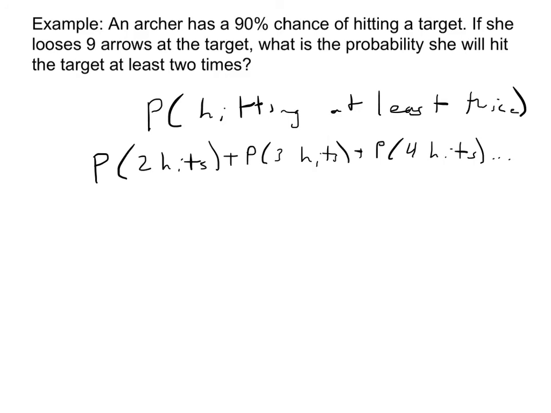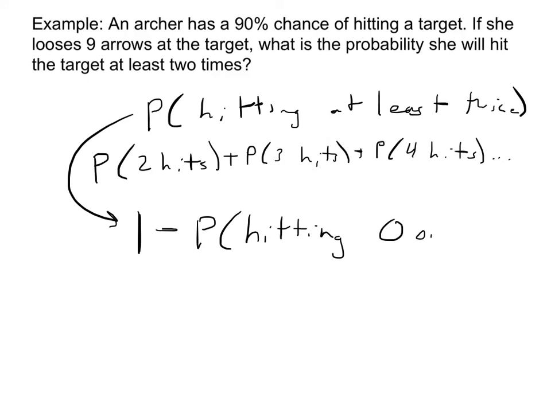Instead, how could I write this as a 1 minus? Like in some sense, what's the opposite of hitting the target at least twice? Wouldn't this be 1 minus the probability of hitting 0 or 1 times? And again, make sure that makes sense, right? Hitting the target at least twice would mean 2 or 3 or 4 or 5 or 6, all the way up to 9.